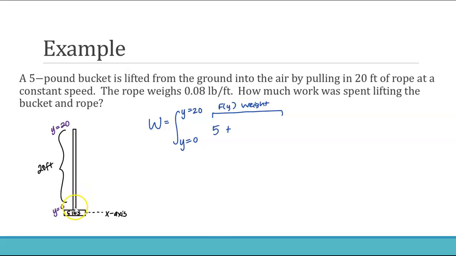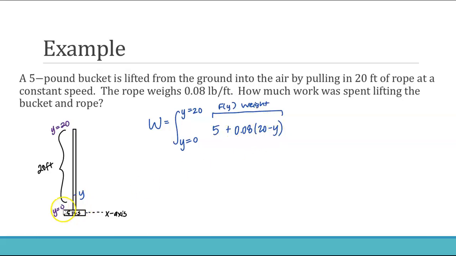Each foot of this rope weighs 0.08 pounds. So we're looking at 0.08 times, in this case, 20 minus y, where y is some height between y equals 0 and y equals 20. If I think about this at y equals 0, initially, does this truly give me the weight of the entire rope and the bucket?